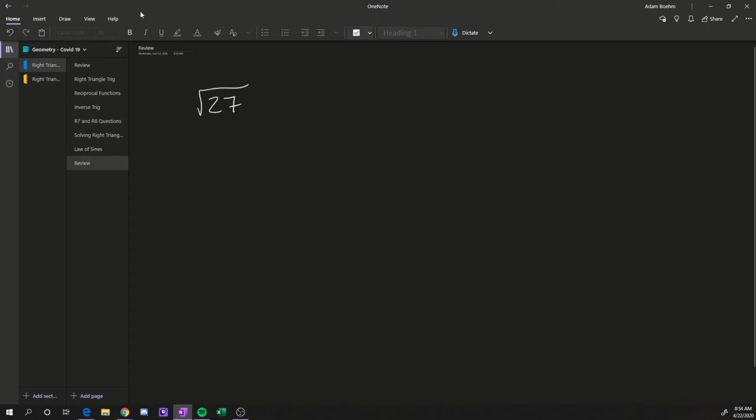So if you can split 27 into a perfect square times something else, then you can simplify. Which we can do, right? We can rewrite the square root of 27 as the square root of 3 times the square root of 9.